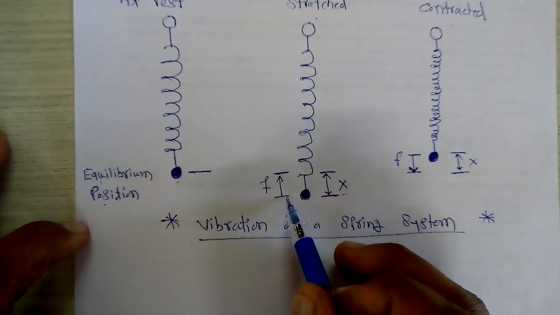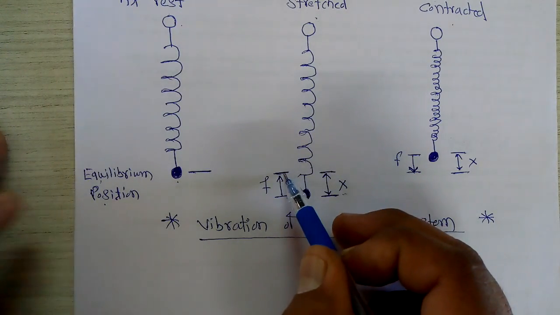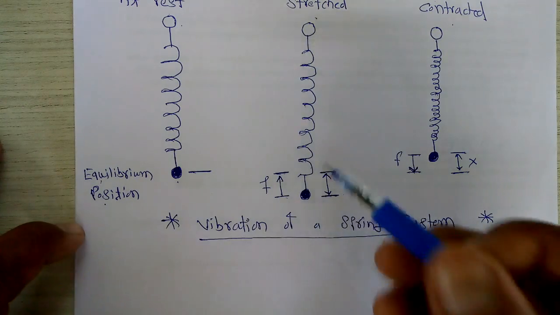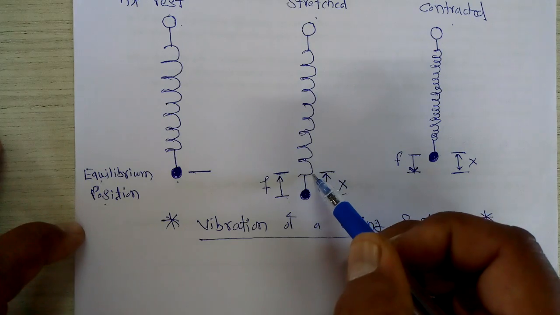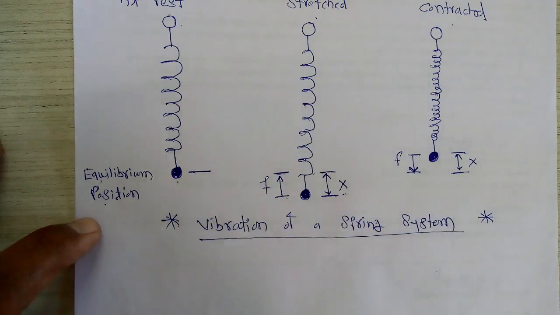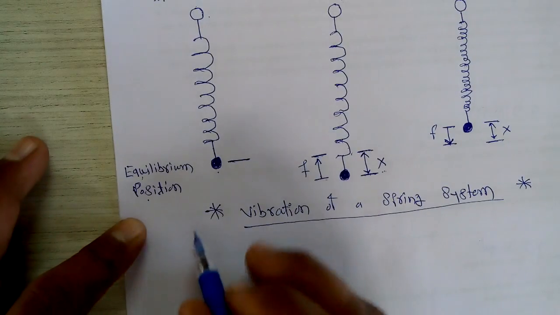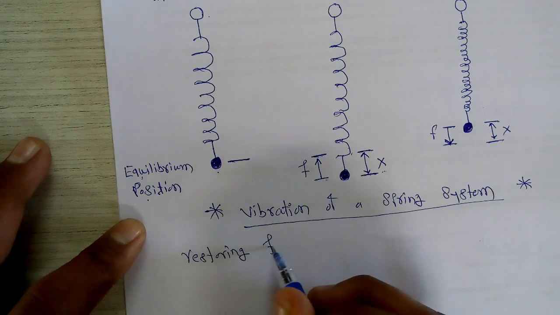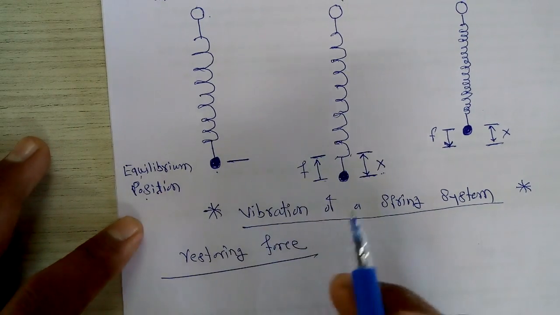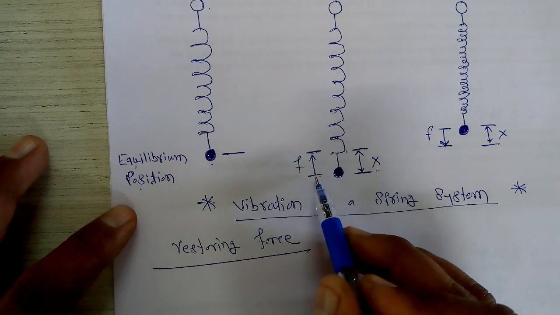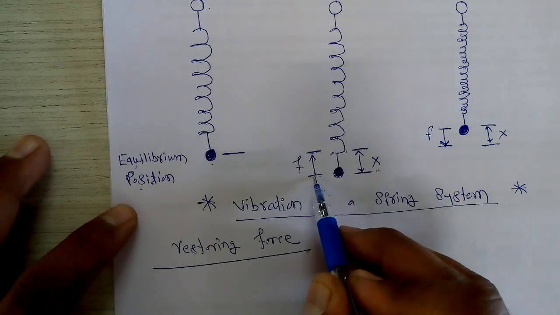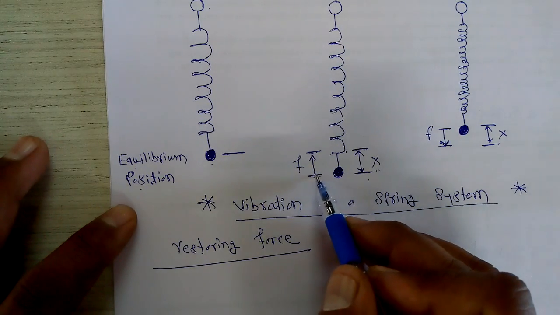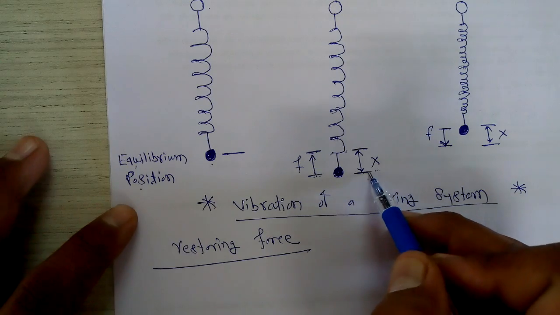To revert to its original position, it must require some restoring force, and that restoring force is F. This restoring force always acts in the opposite direction to the displacement, so F is anti-parallel to the displacement.